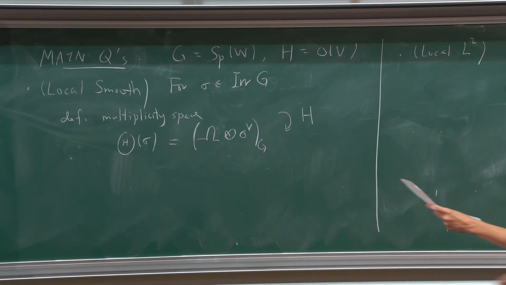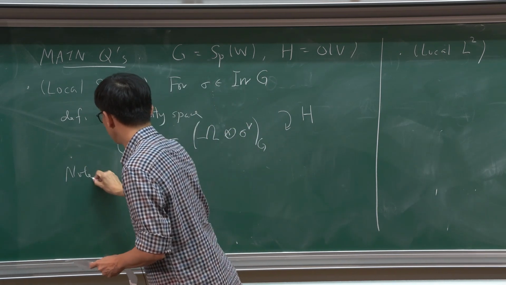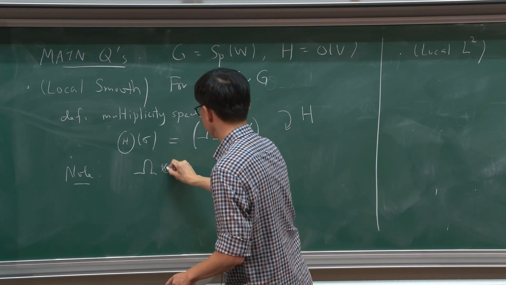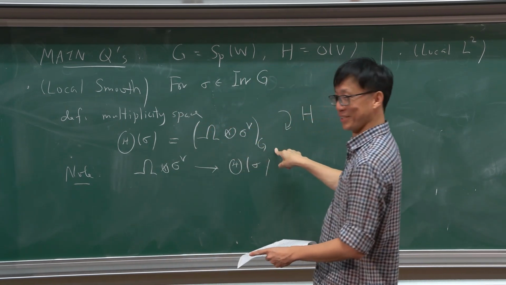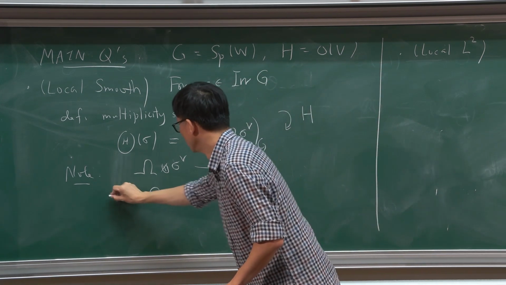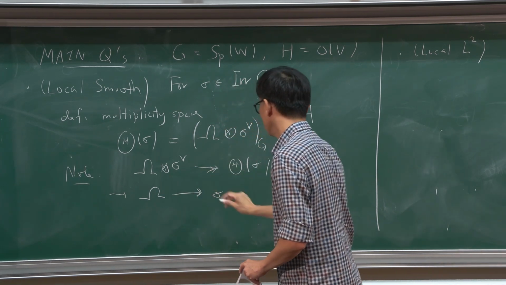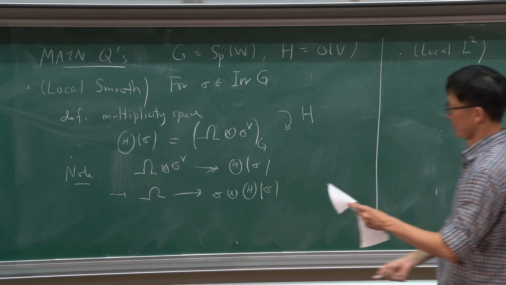Why is it related to quotients? Note that by definition, you have a natural projection map from here to there, because this is G co-invariants. Then you can move this to the other side, and you're going to get something like that.